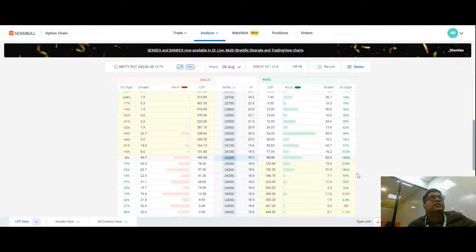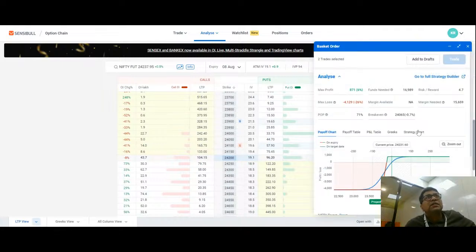My first thing is that I don't expect the market to go below 24,000. So I take a little aggressive strategy. I'll sell the 24100 and buy the 23900 put. Let's see what Sensibull analyze has to say. It says my break-even point is somewhere around 24,065.